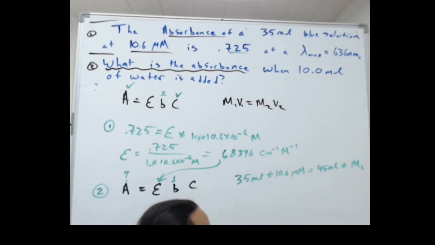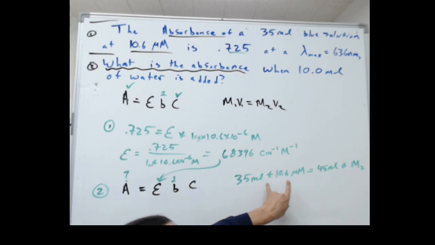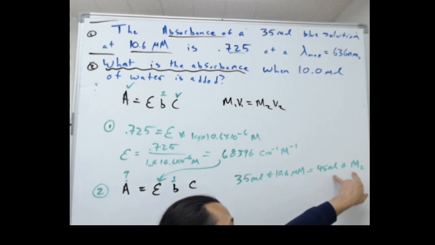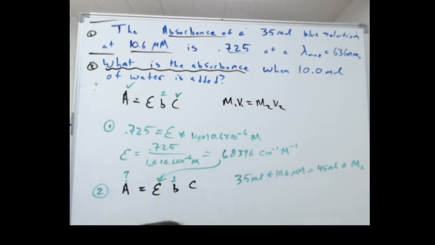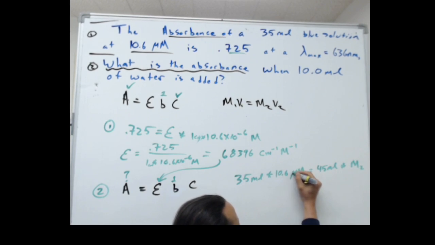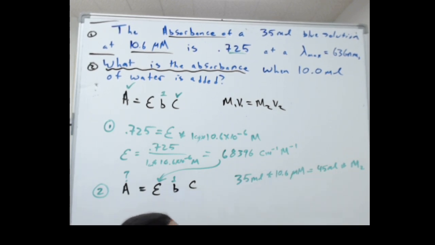new molarity. Now, it is safer, of course, to convert the milliliters to liters, do your multiplication so you've got your number of moles equal to your number of moles. But in this case, we can go ahead and just divide over the 45 divided by 35. Notice the milliliters will cancel the milliliters, and my answer will be in units of micromolar.